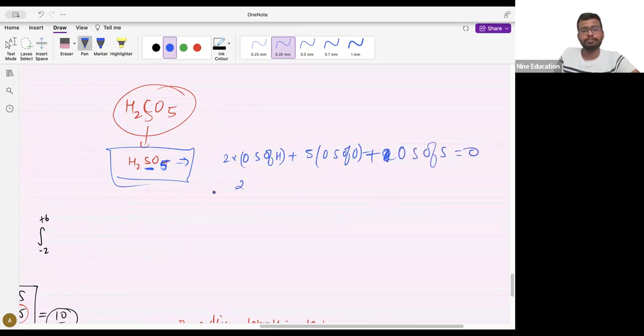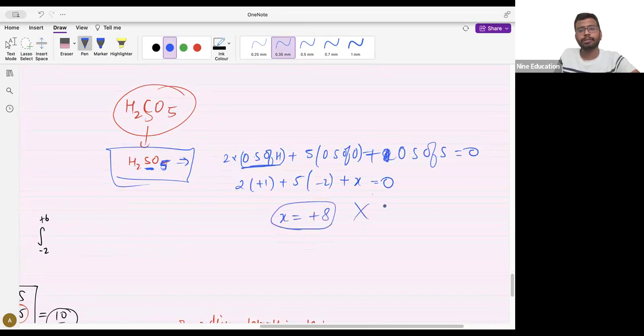Hydrogen is +1, oxygen should be -2, so 2 + x - 10 = 0. So x came out to be how much? +8. This is not possible.